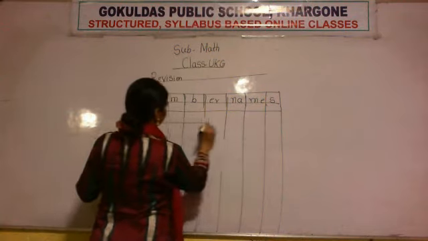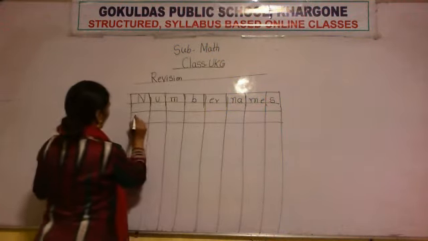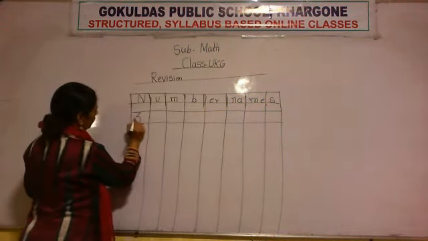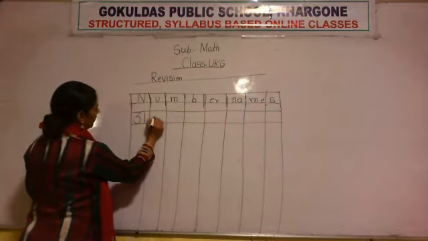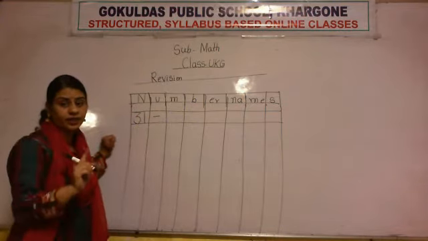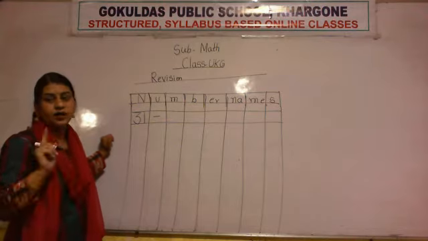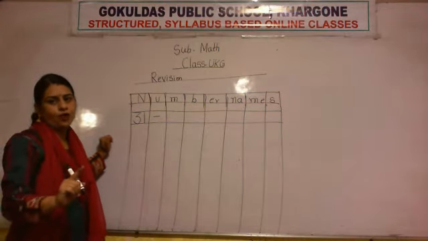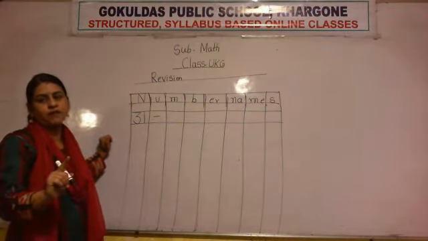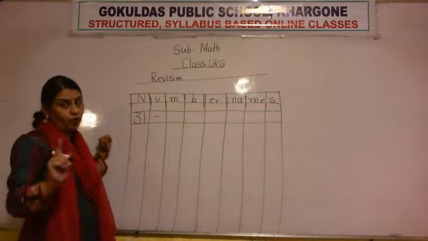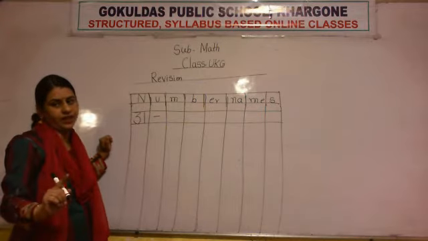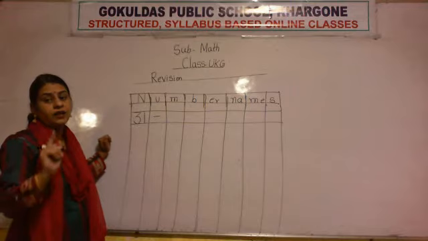Now start writing spellings from 31. 3, 1, 31. Now see here, 31. So what we have to do? We have to write the spelling of 30. We will not write the spelling of 3T. We will write the spelling of 30.